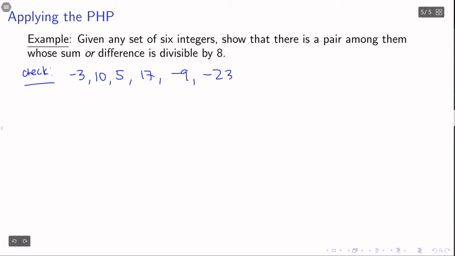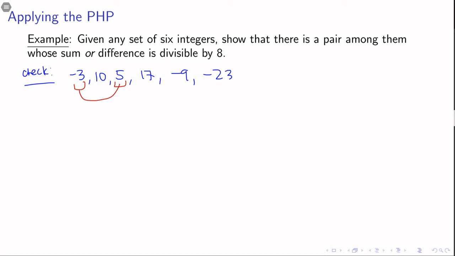Can we find 2 integers here whose sum or difference is divisible by 8? And I immediately see something here. The difference of -3 and 5 is exactly 8. Right, so that is our pair here. That satisfies the desired property.